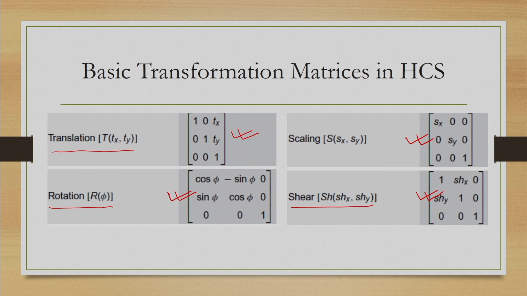Now, in case of scaling, Sx and Sy represent the scaling factors along the x and y directions. In case of shearing, Shx and Shy represent the shearing factors along the x and y directions respectively.